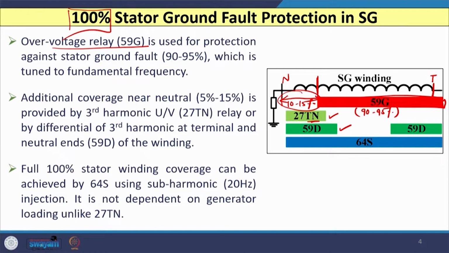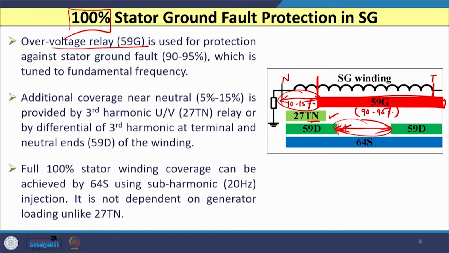So, 100% coverage of the winding is fulfilled by two relays, 59G plus 27TN or 59D. However, when I use the 59D or 27TN, this type of scheme is dependent on the generator loading. As the different loadings are there on the generator, the performance of this 59D or 27TN is affected.